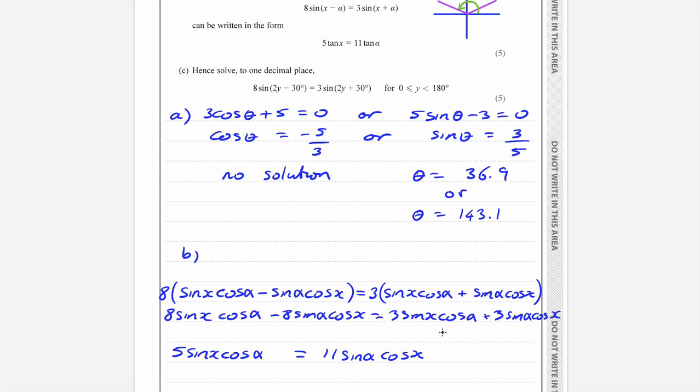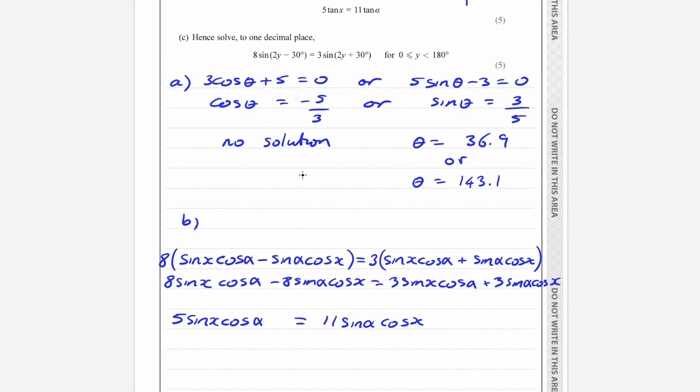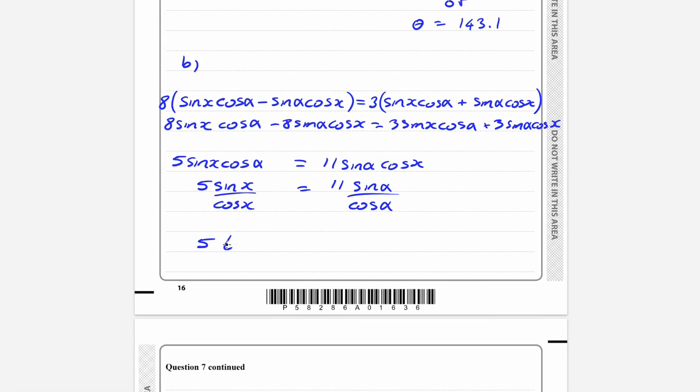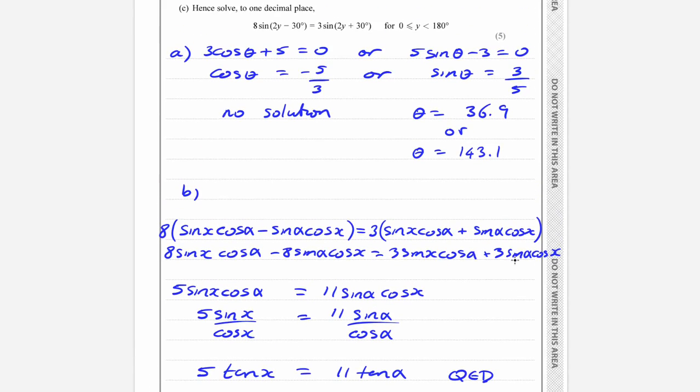If I divide the left by cos x, I have 5 sine x over cos x, and I divide the right by cos alpha, sine alpha over cos alpha. Sine over cos is tan, so I've got it. This is 5 tan x equals 11 tan alpha, which is what we wanted. QED. Okay, that's part B.